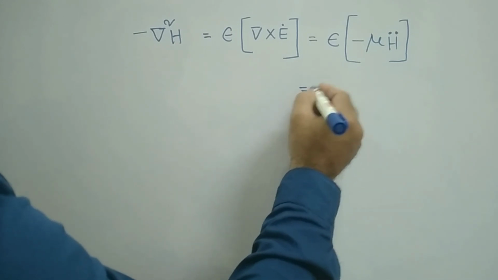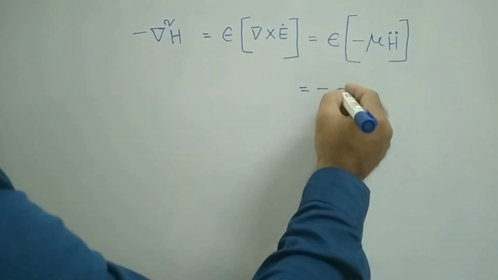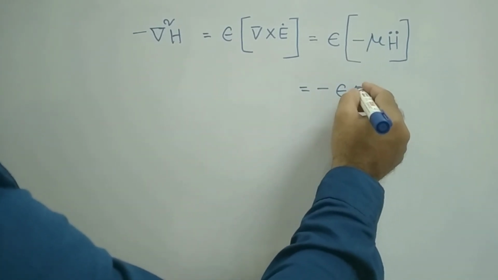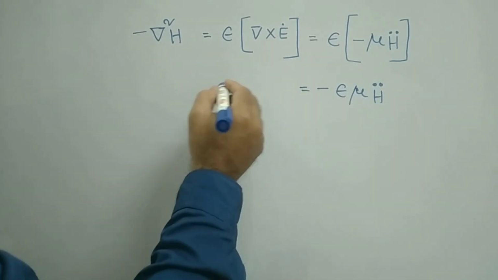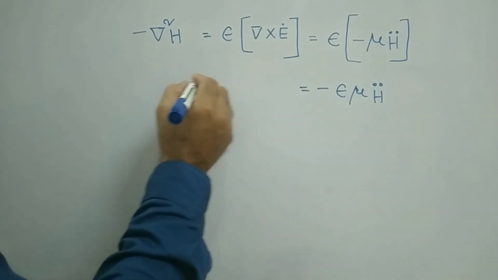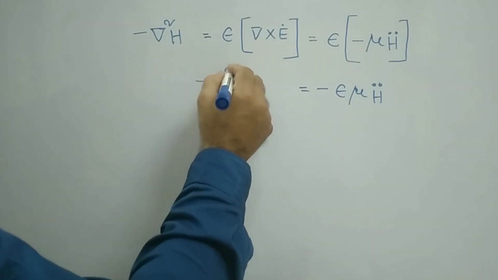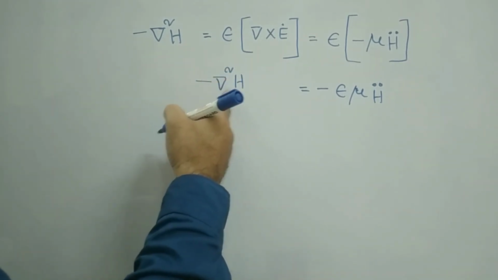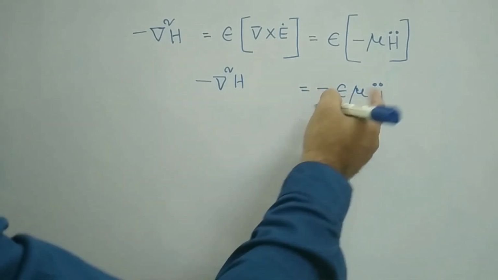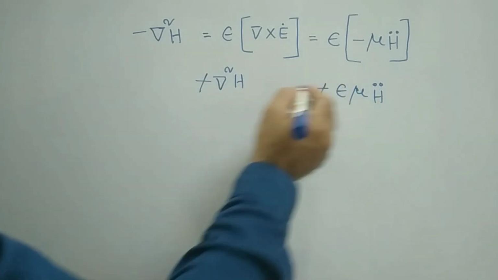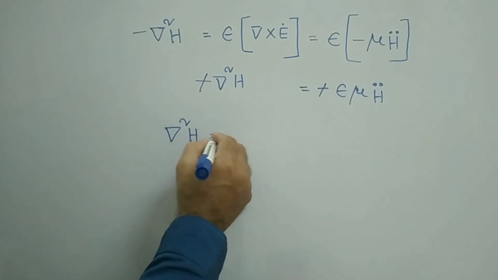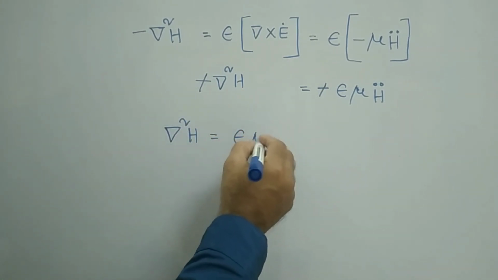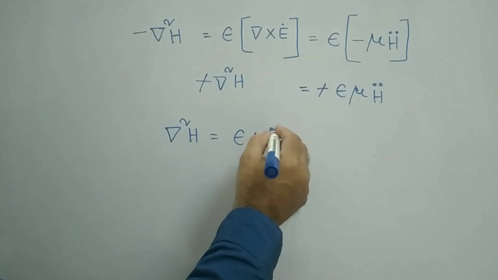This implies, taking minus mu outside, it is minus epsilon mu H double dot. What is on the left side? Minus del square H. Therefore, minus del square H is equal to minus mu epsilon H double dot. The minus sign cancels out. Then you will get del square H is equal to epsilon mu H double dot.